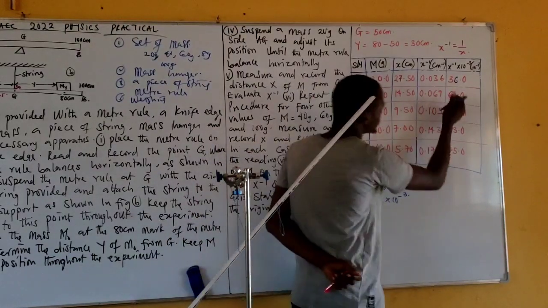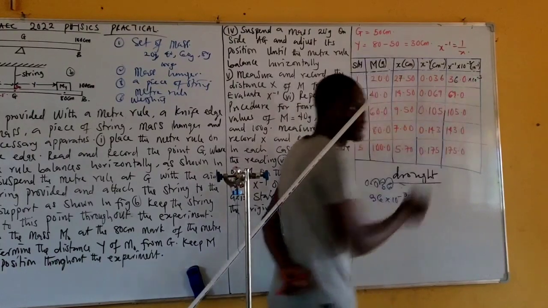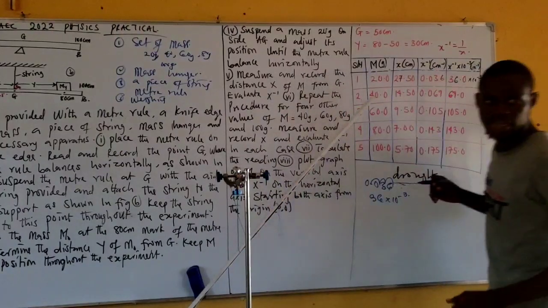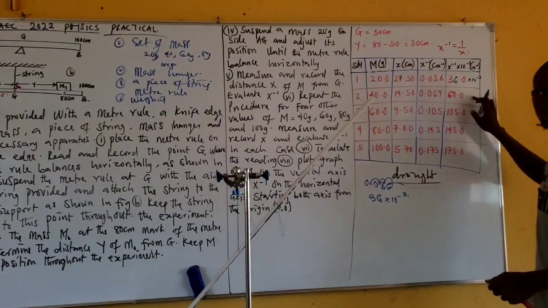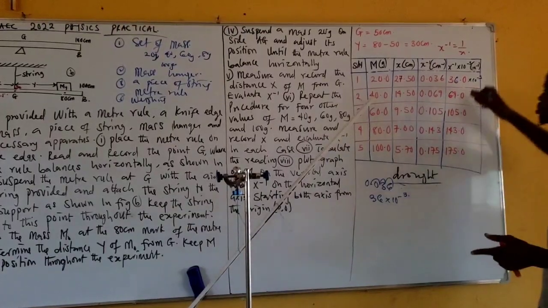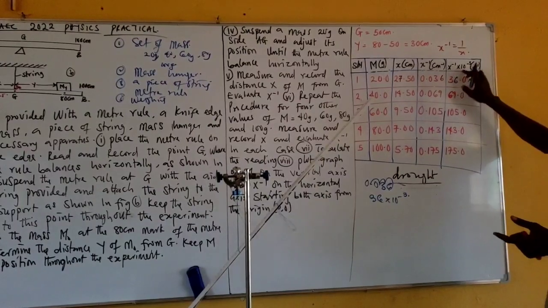So, what I'm trying to show is that everything here has been converted to 10 to the power minus 3. But you can't write 10 to the power minus 3 repeatedly in your table. The only thing you can do, since everything is going to have 10 to the power minus 3, is to put it on top of here: 10 to the power minus 3.